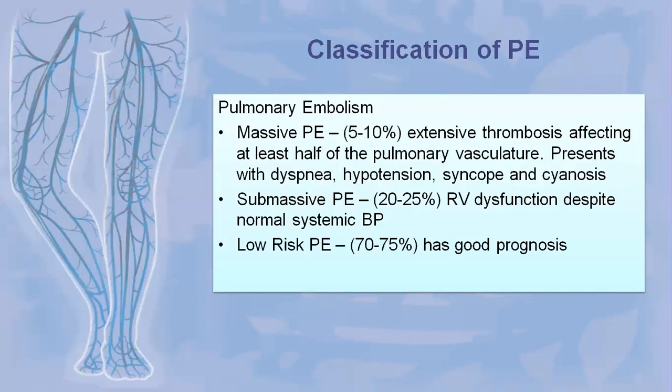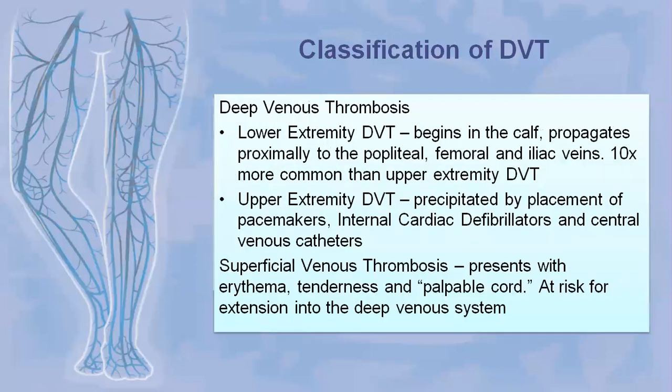Whereas submassive PE, around 20 to 25%, there is RV dysfunction despite a normal systemic blood pressure. And low risk pulmonary embolism, that's 70 to 75%, has good prognosis.